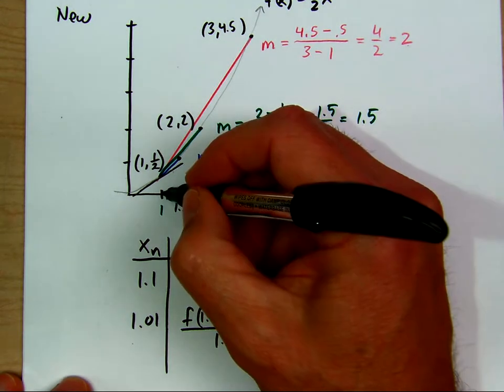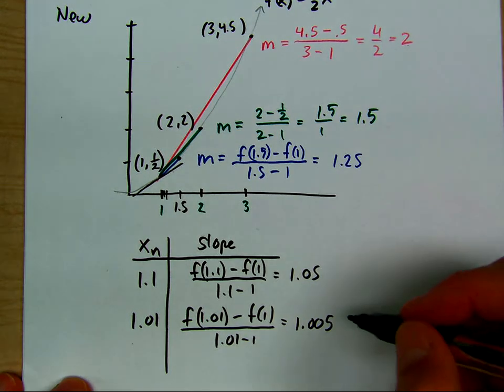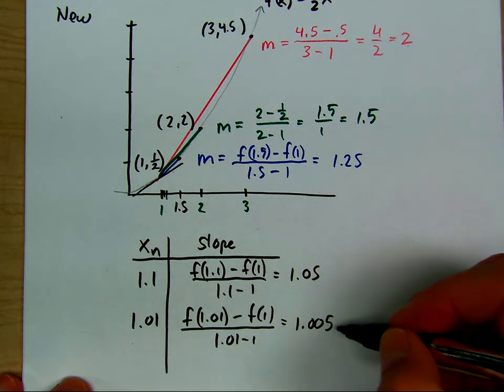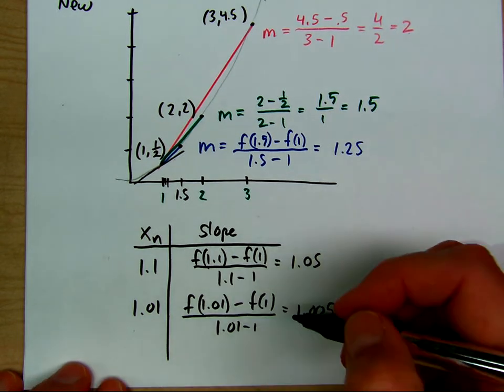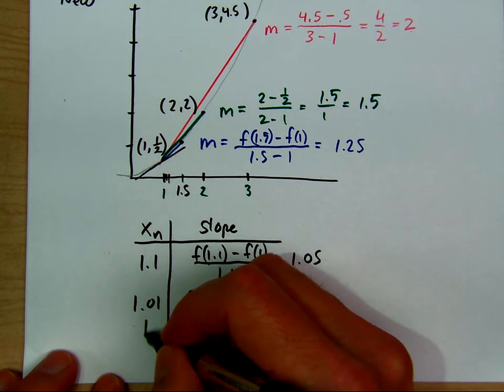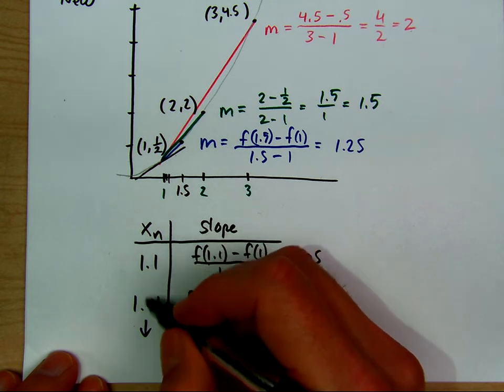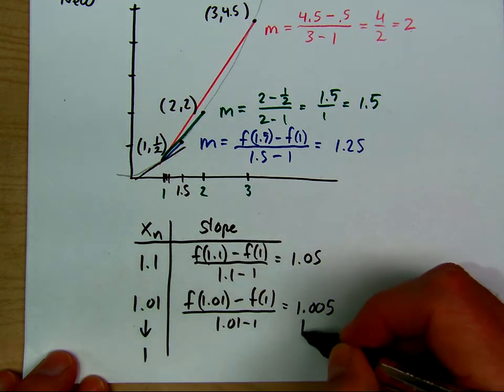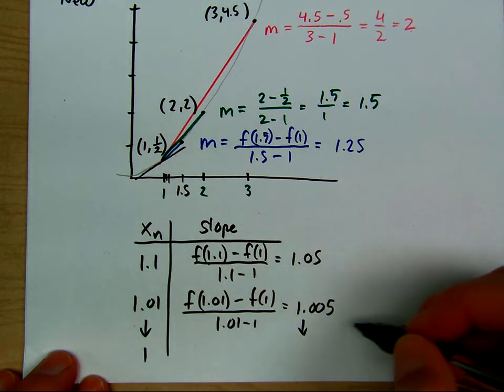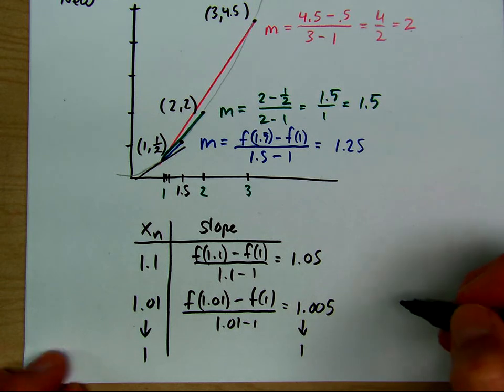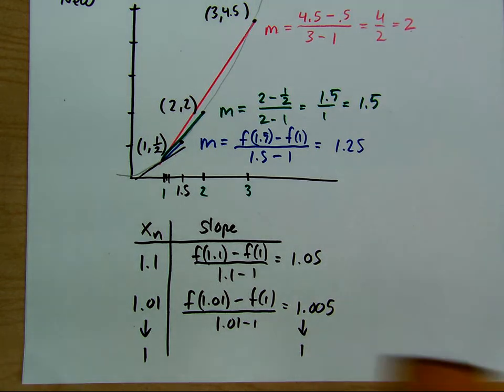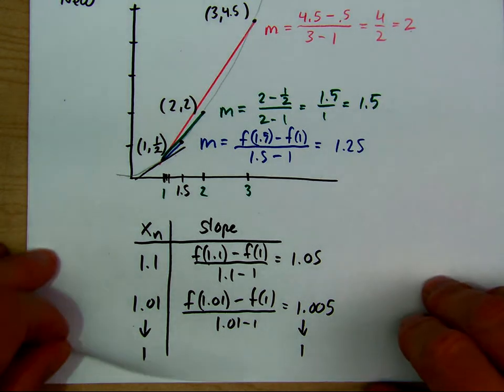Let's go to 1.01, and now we have a slope of 1.005. And we can see we have a limit here. The x values are approaching 1, and the slope is approaching 1. So that's how we can use a limit to find the exact slope of a tangent line.